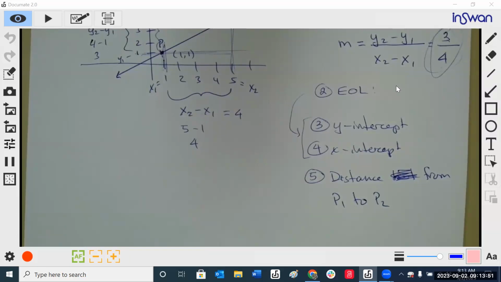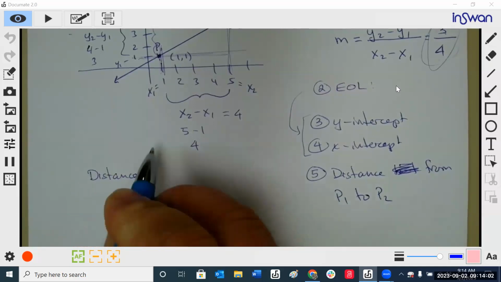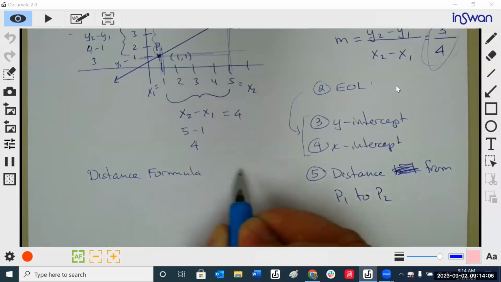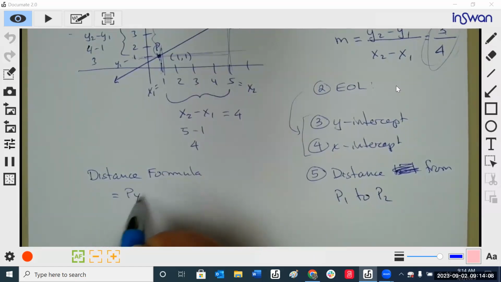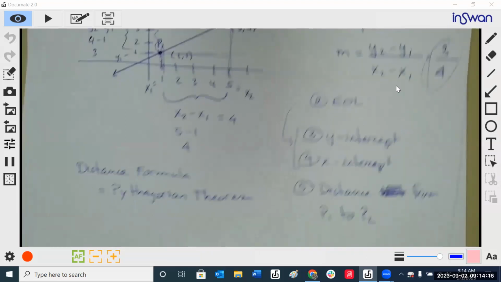Do we know any formula that deals with distance? Yes. The Pythagorean theorem.